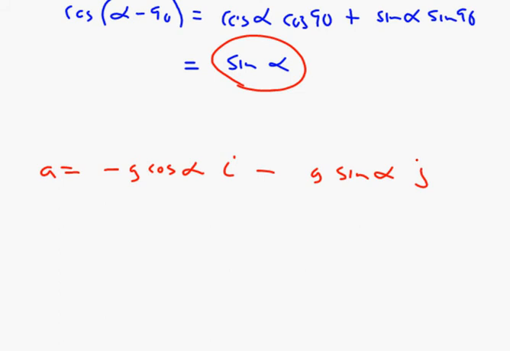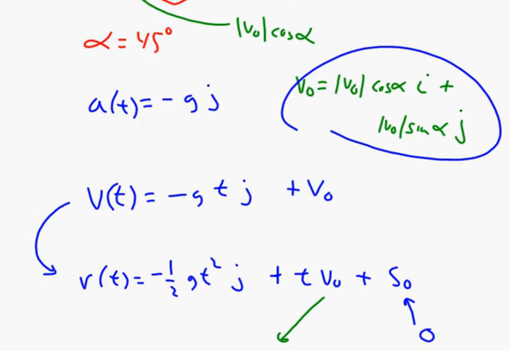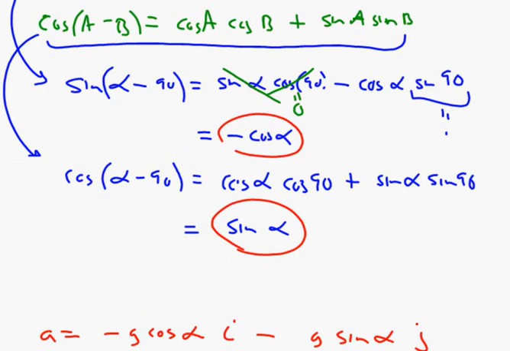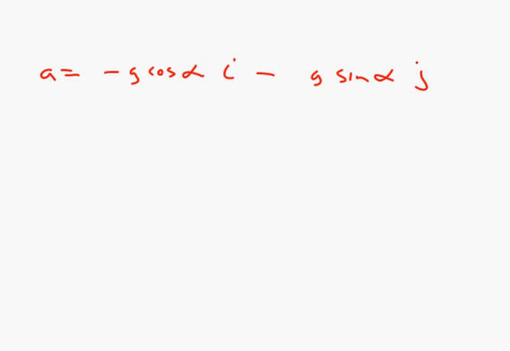Now we're going to follow a process that should feel familiar from the other problem. If you remember, we started with an acceleration vector, and we took an antiderivative to get a velocity vector. So we'll do the same thing here. We get v is equal to negative g t cosine alpha I, plus negative g t sine alpha j, plus some initial velocity vector. I'm going to use a little vector notation now, and I want to be careful.